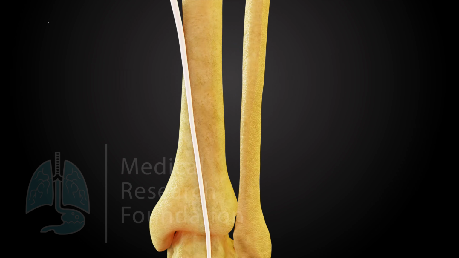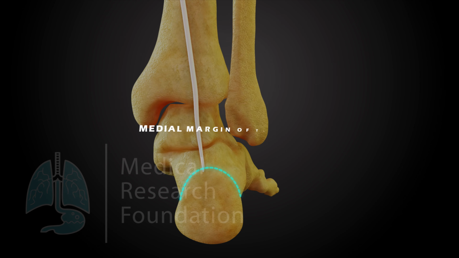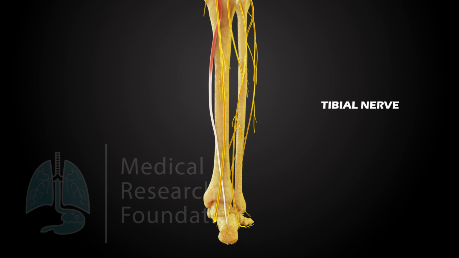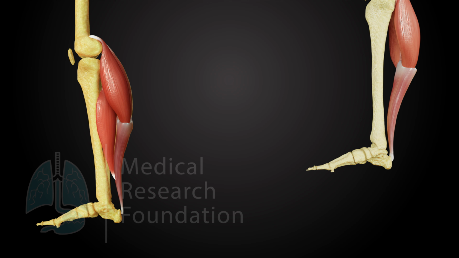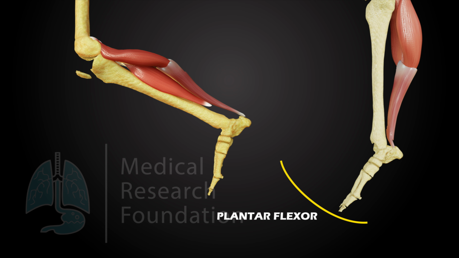Insertion. Its tendon blends with the medial margin of Tendo calcaneus. Nerve supply by tibial nerve. Actions. It has an insignificant role, either as flexor of the knee or plantar flexor of the ankle.